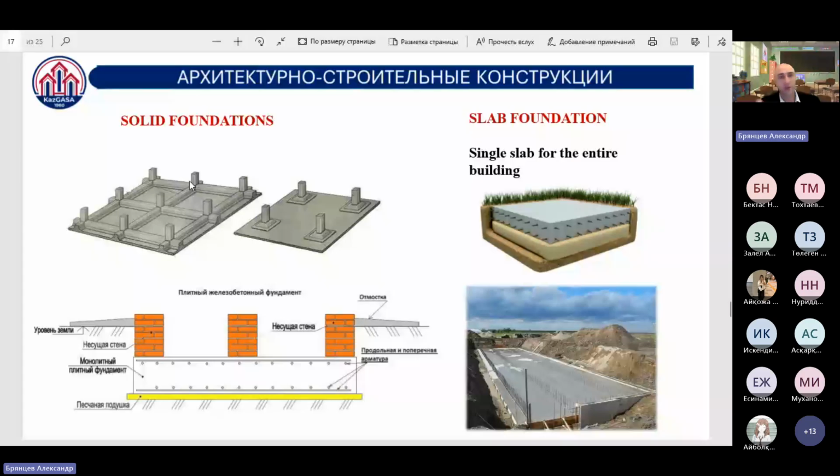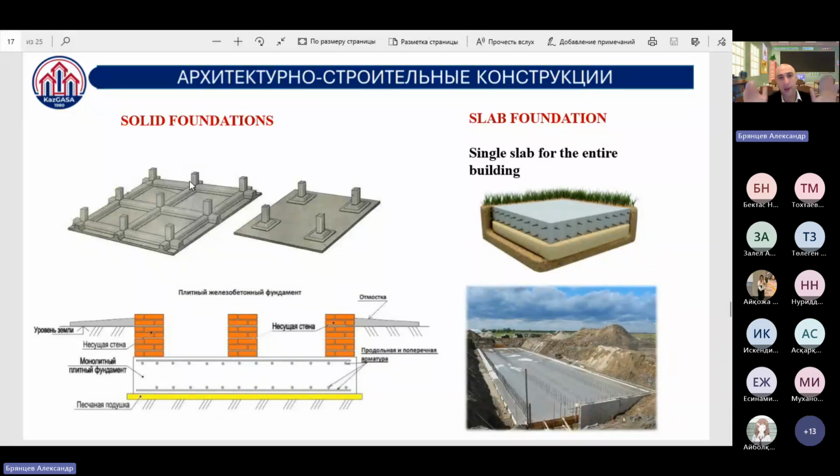Mostly slab foundations are constructed with reinforced concrete. Also, it can be called a footing foundation. One of the disadvantages is the high material cost and the consumption of concrete and reinforcement.